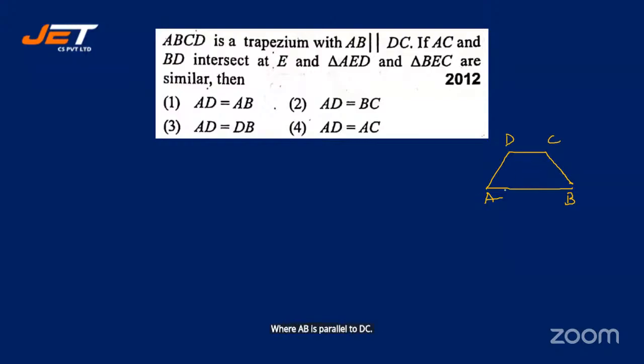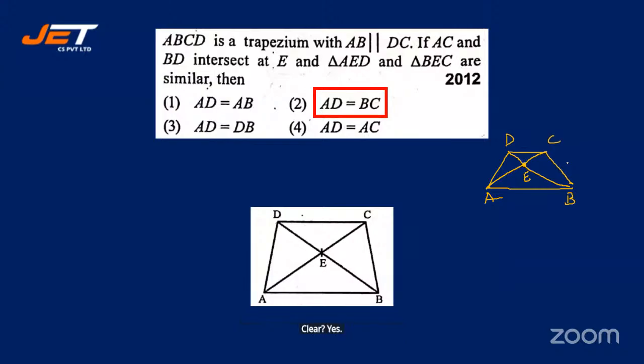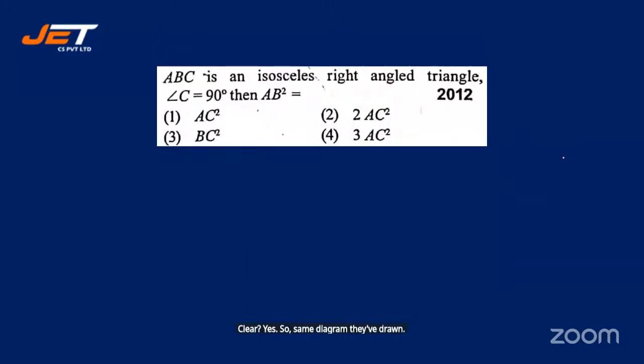If AC and BD intersect at E, so this is that intersection point, then triangle AED and BEC are similar. Then what? Is it clear? Yes, it is. AD is equal to BC, opposite sides. Clear? Yes. So the same diagram they've drawn. All right, now let's move on to the next question.